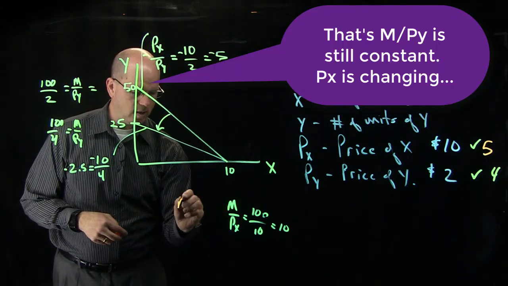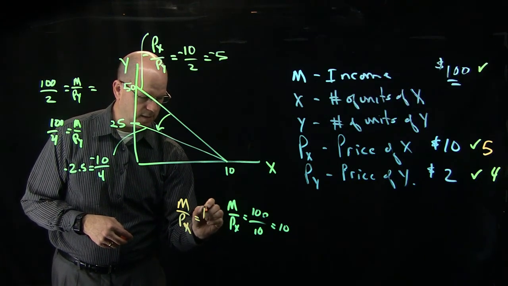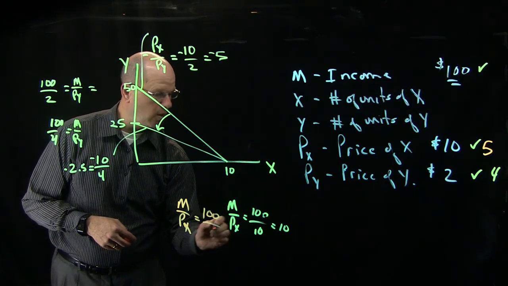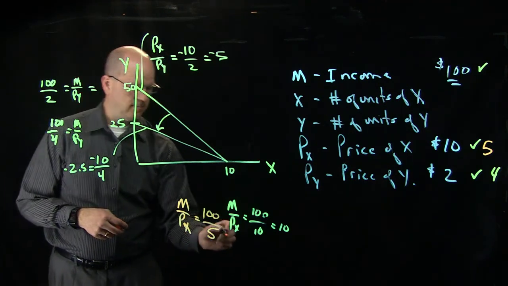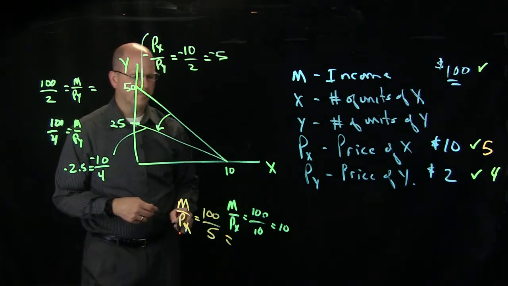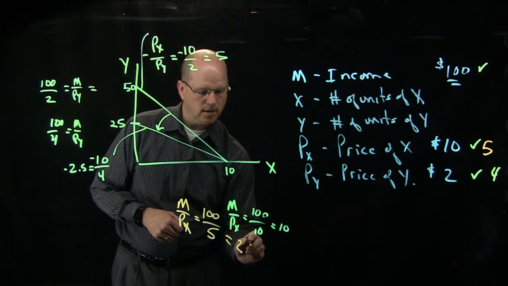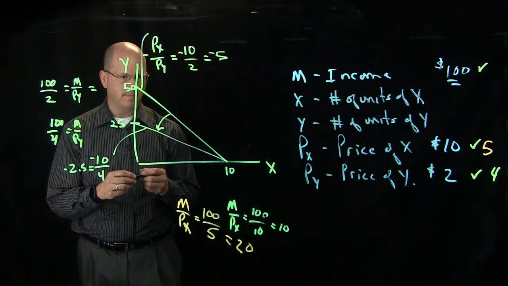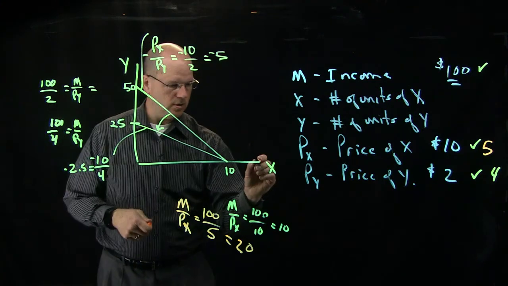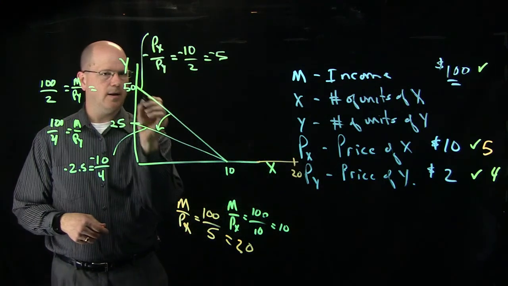Now we have a new M over PX, which is 100 over 5. And that means that this goes to 20. Okay, so we're way out there.